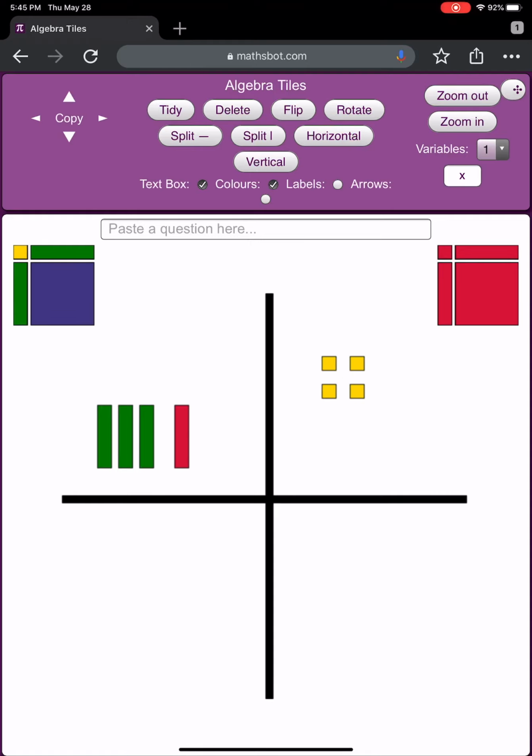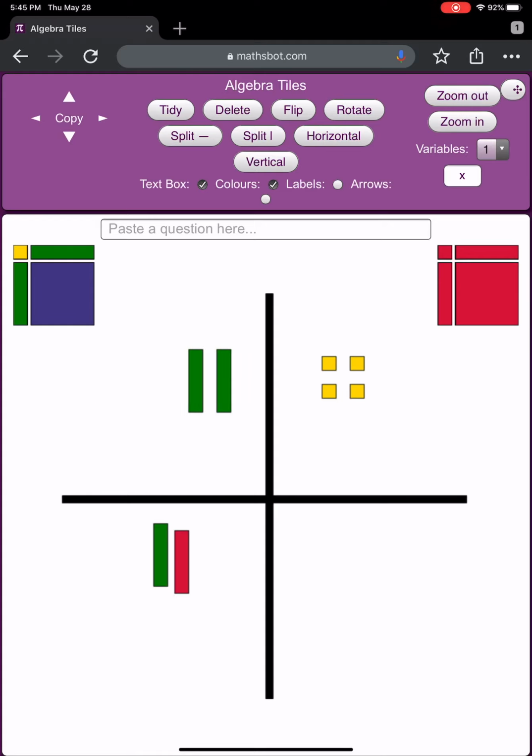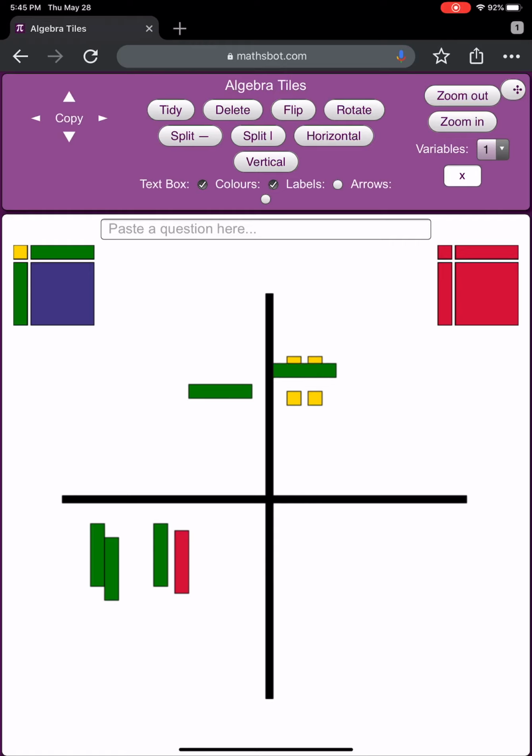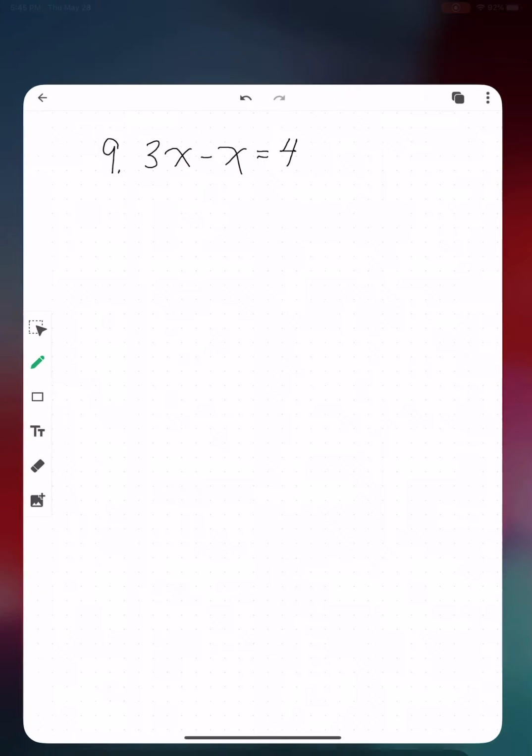Okay, so right away, this is easy because this creates a 0 pair. So I can just get rid of 2 of those. And then from here, hopefully that seems really obvious that all we need to do is divide. So x, a single x, is equal to 2. Or I guess in this case, yeah, it is x. Okay, good. Confused myself for a sec.